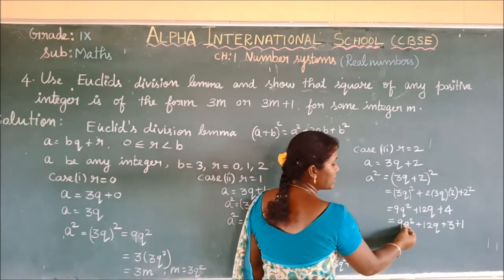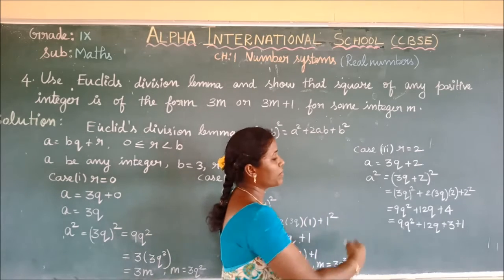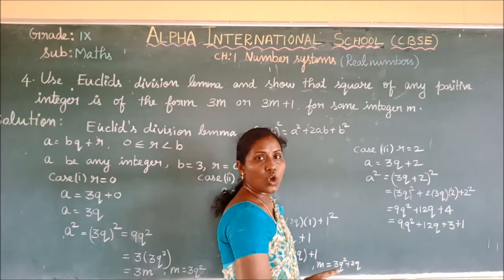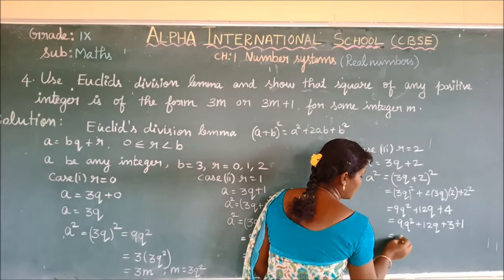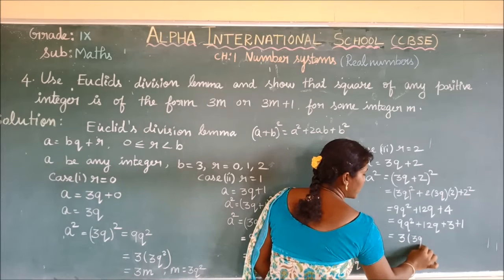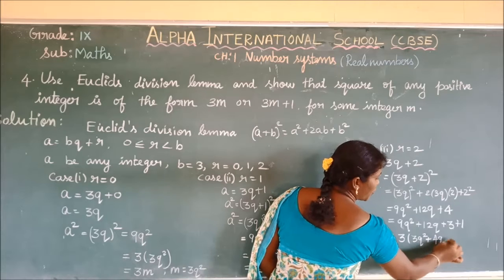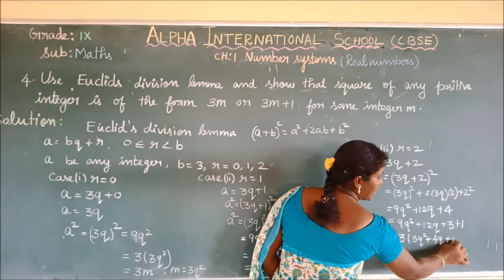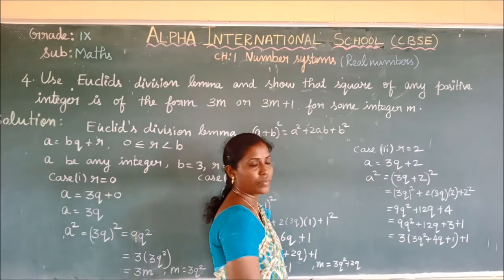So we consider the first 3 terms, and from them we can take 3 common. If we take 3 common, the remaining will be 3q square plus 4 3s are 12, so 4q, plus 1, and that plus 1 is retained here.